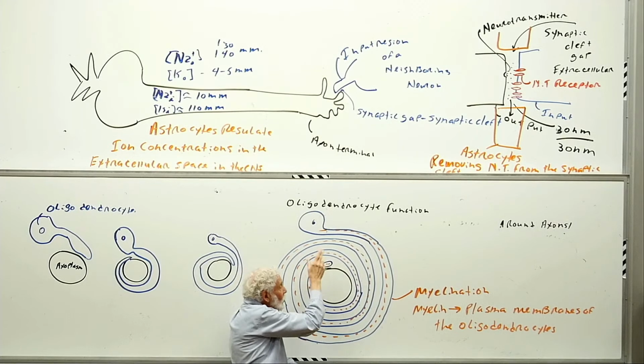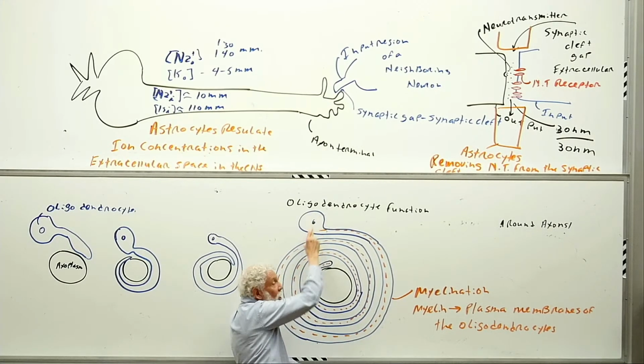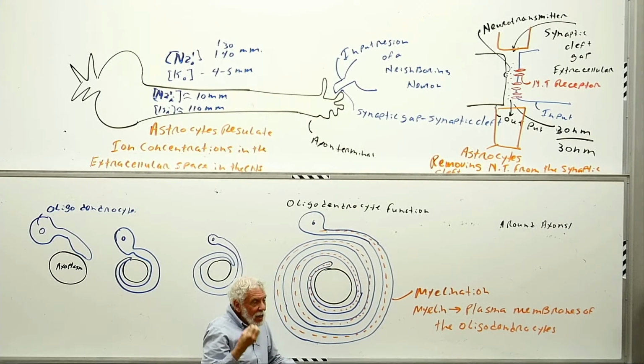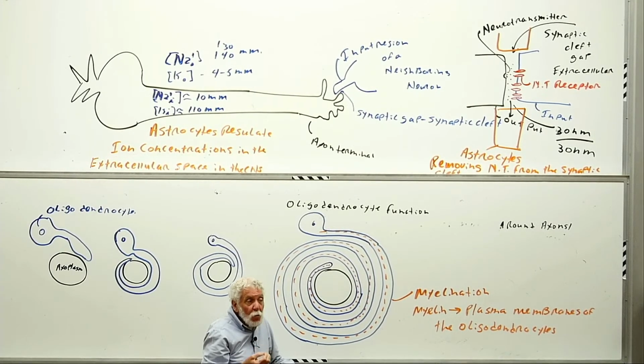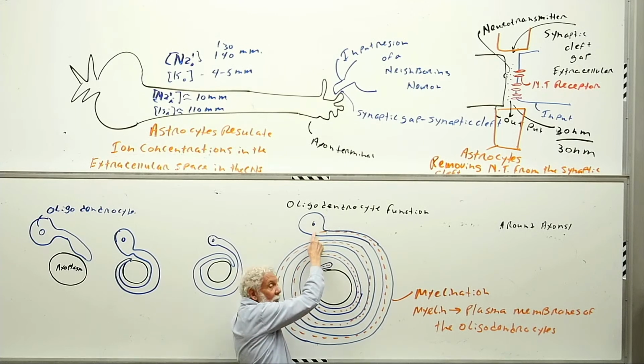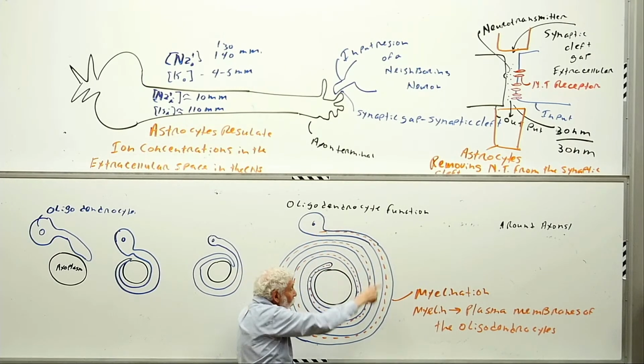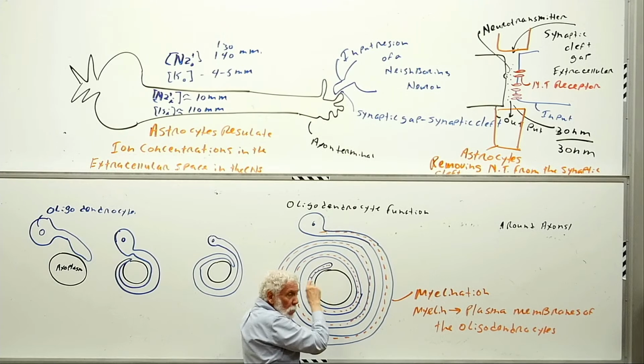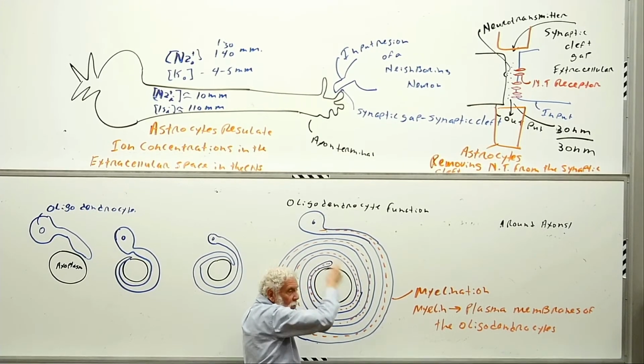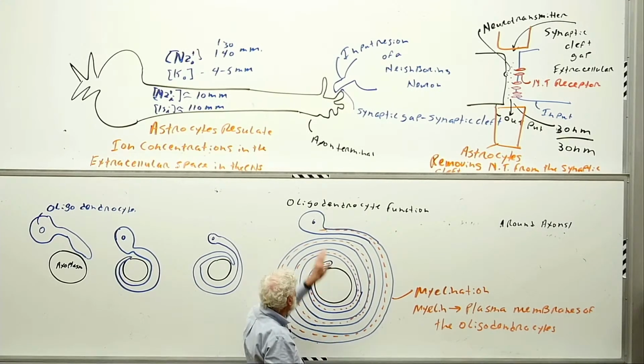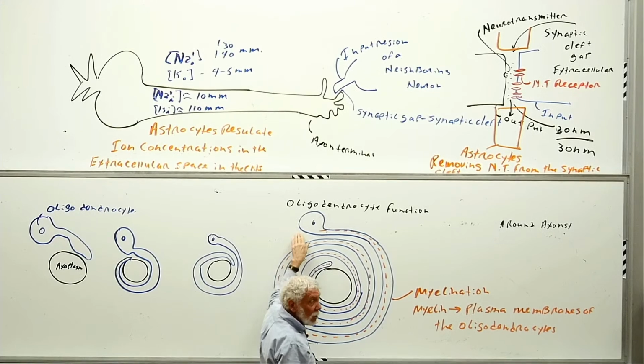But this will retain its connection to the living cell body of the oligodendrocyte. There's probably even some movement of proteins from the oligodendrocyte cell body through the cytoplasm, but not very much, because much of that cytoplasm has been squeezed out as it wraps itself round and round the axon. But no, I don't mean to imply that this cell's dead. It's that throughout life you'll maintain that connection.